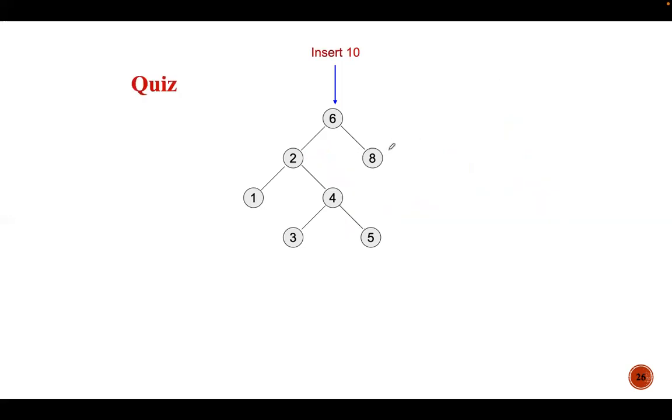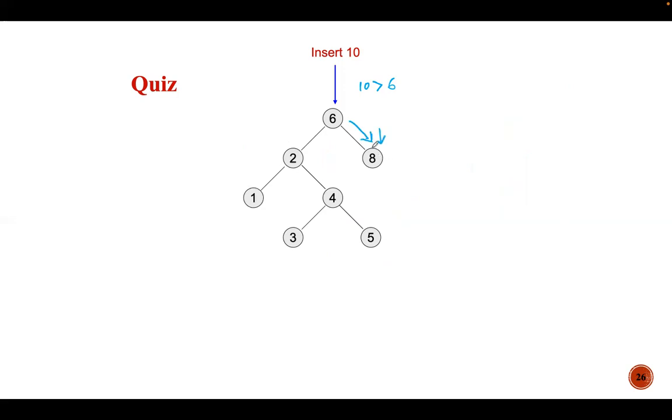Let's say I want to insert 10. We start from the root node, and 10 is greater than 6, so 10 should be part of the right subtree of 6. So go to the right.